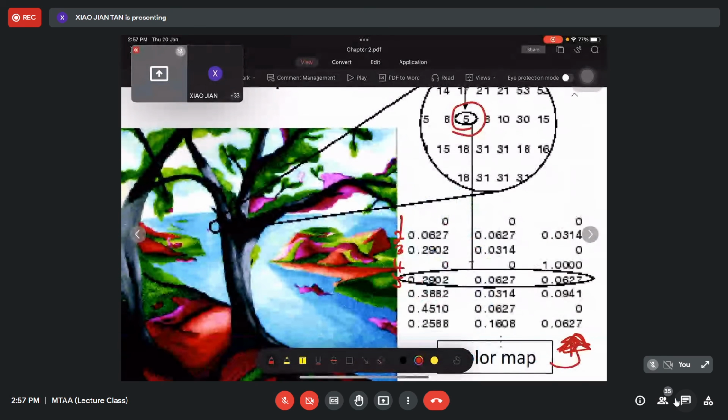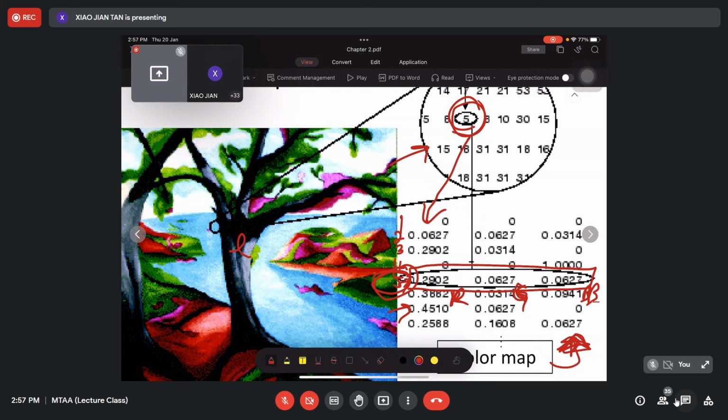This would be the values of R, G, and B. In this image, it did not give you these values, only the index value. So from this index value, you refer to the color map, according to code number 5, get row 5 and get the value. This will be your R, G, and B value.